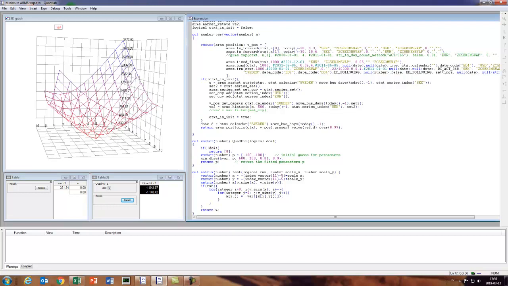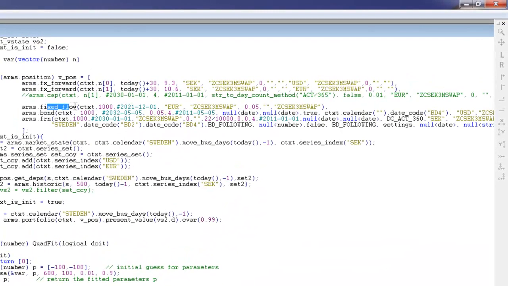Well, first of all, we have coded some positions directly in code. So we have a set of fixed flows, we have a bond, and we have an FRN. And we assume that we have these with maturity 2021. The fixed flows are in euro. The fixed coupon bond has a 5% coupon and it's dollar based.